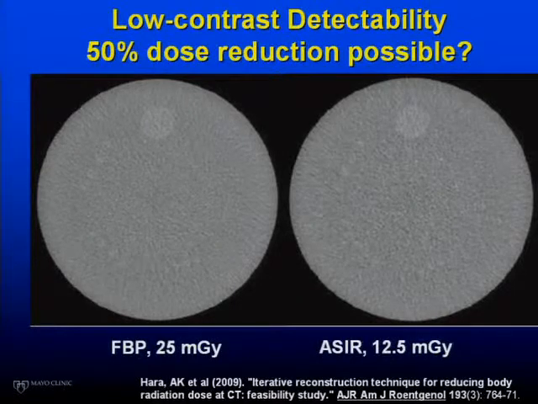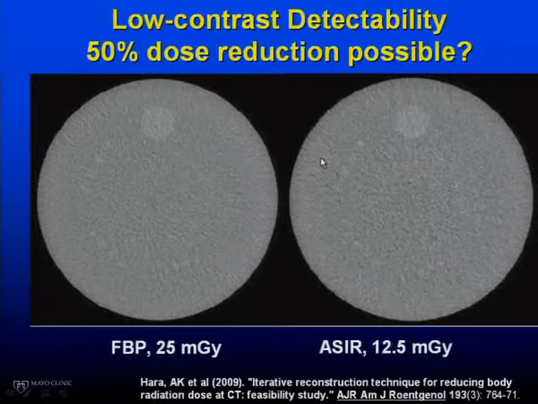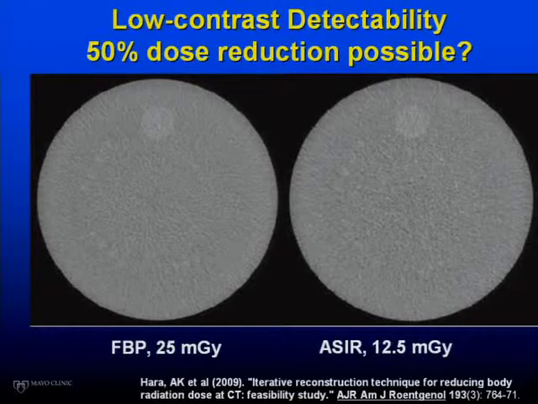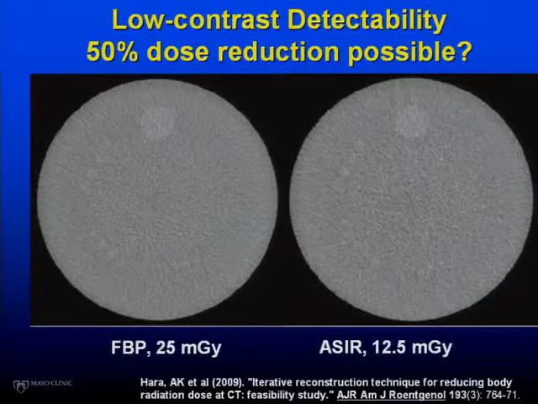In order to claim a 50% dose reduction, the low contrast resolution should be matched, but from my point of view, they are not even comparable. So when you claim dose reduction, the low contrast detectability has to be evaluated very carefully, not just based upon the high contrast resolution.